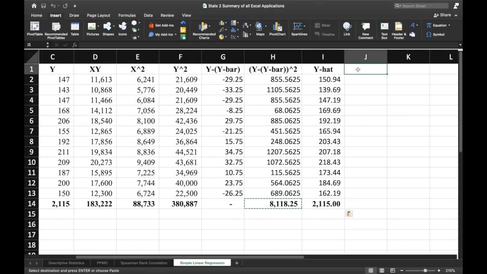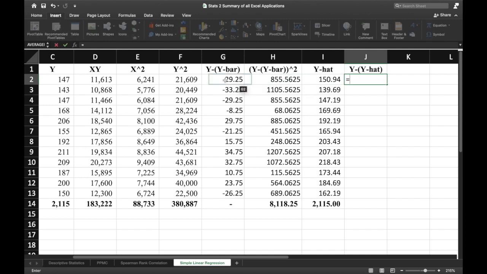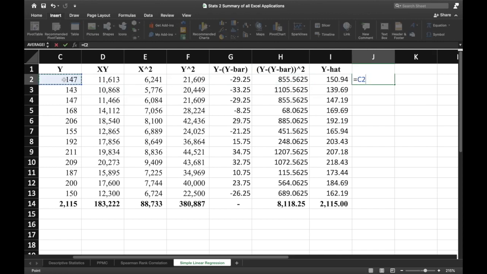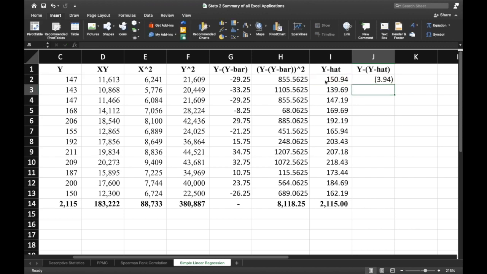What we need to do is y minus y hat pa. Lahat ng y's na yan, minus natin dito sa y hat na yan. Okay, so that is negative 3.94. Copy, then paste.